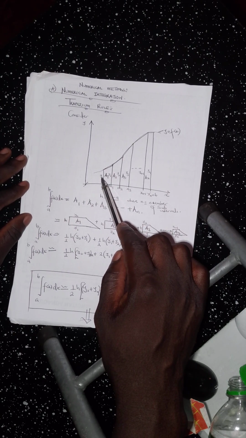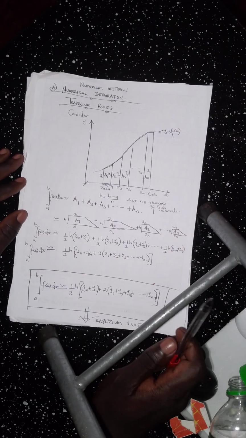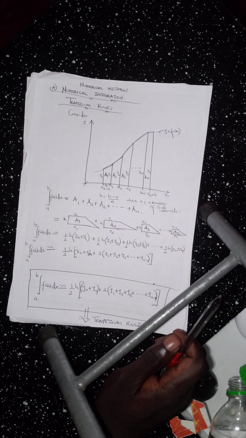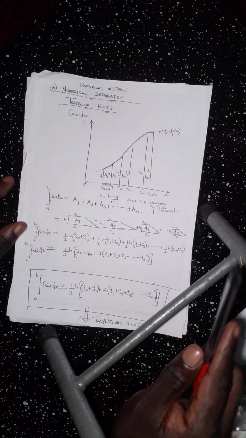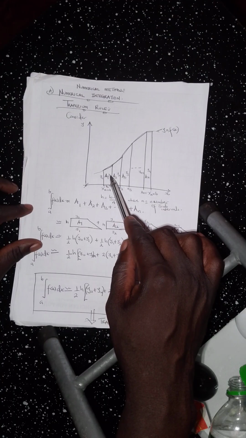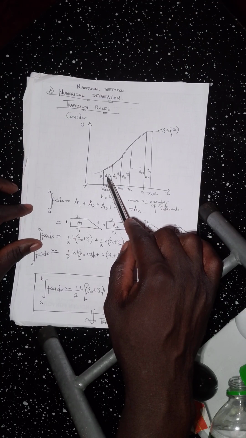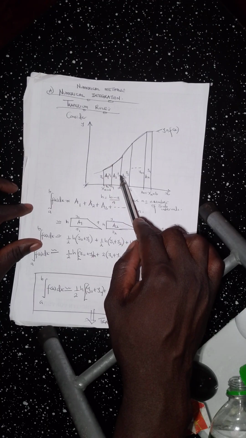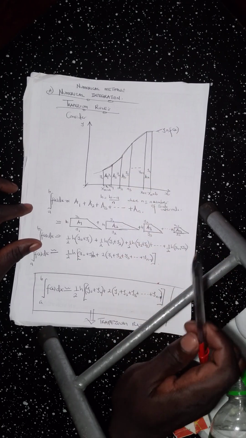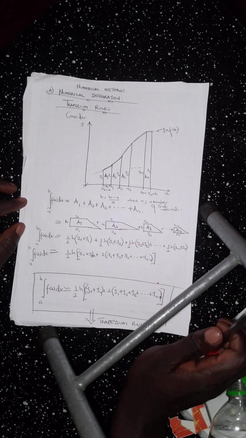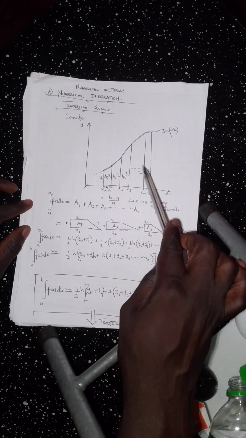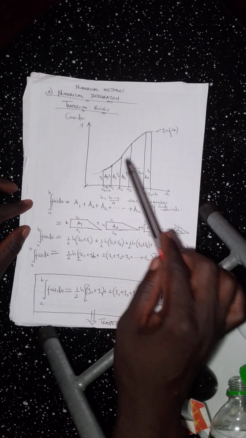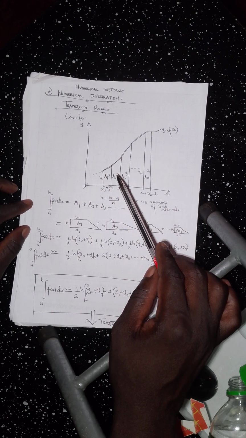Now every time you have a space between two y values, you're forming a sub-interval. So if you have 1, 2 y values or ordinates, it means you have one sub-interval. If you have 1, 2, 3 ordinates, it means you have 1, 2 sub-intervals. So the y values are the ordinates, and the spaces between the y values are the sub-intervals.